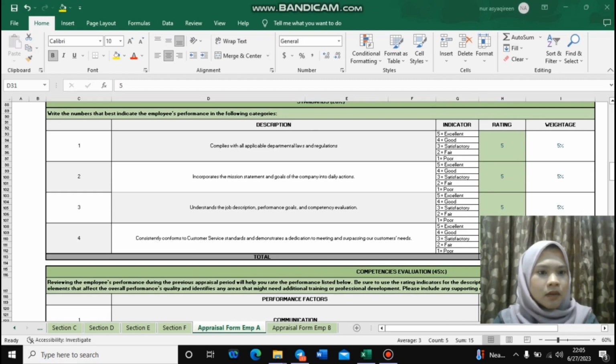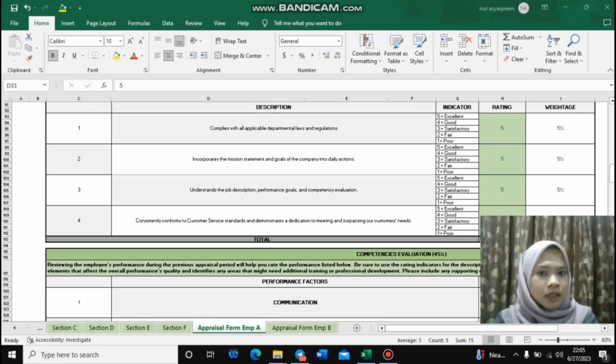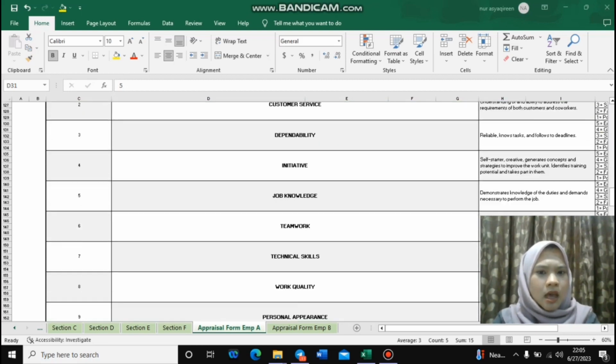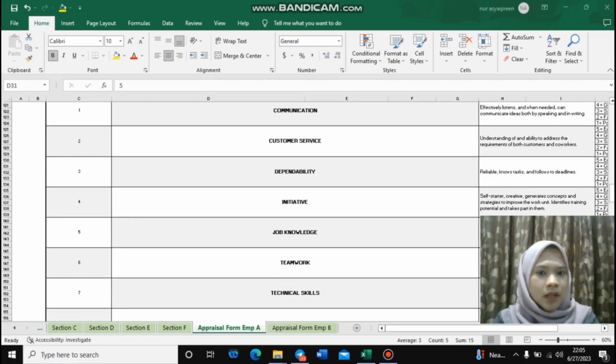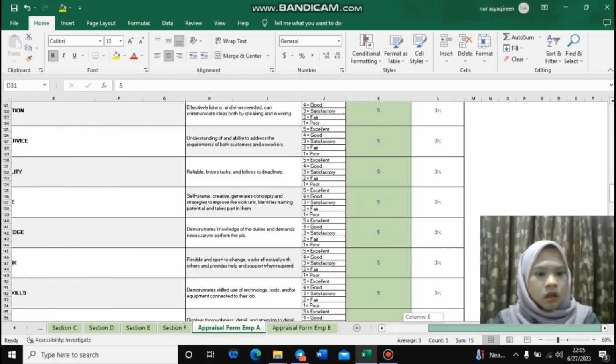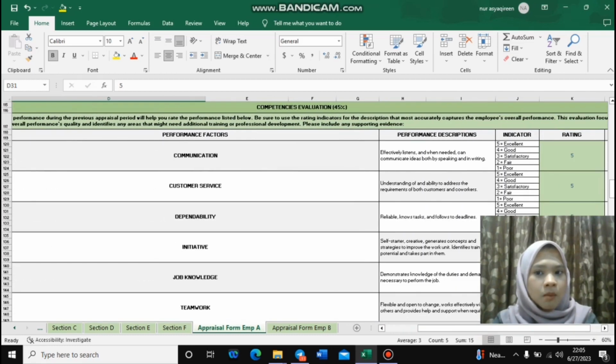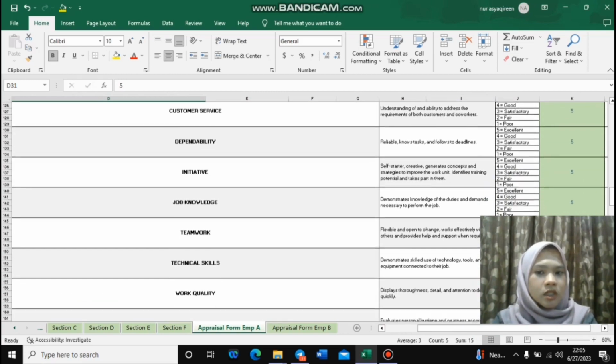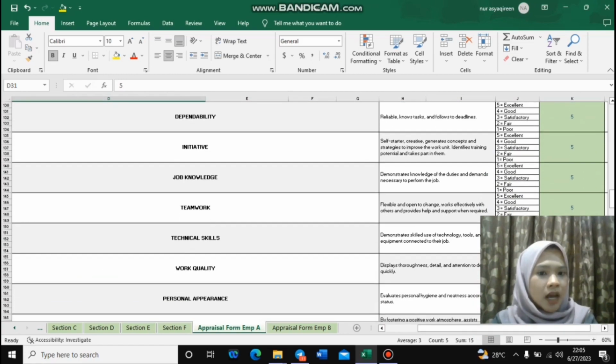Also here we can see the rating is also excellent. All the standards are excellent, and then the competency evaluation. Here you can see the rating is 5 for communication, 5 for customer service, and dependability also 5.